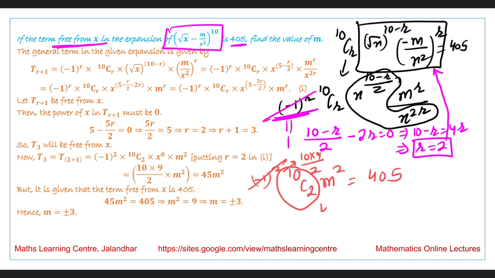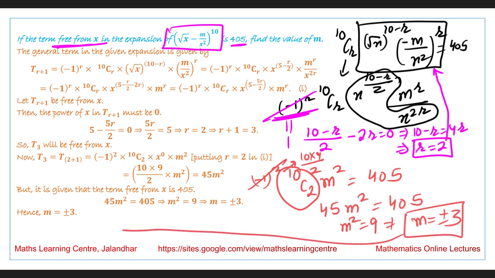So we are getting 45 m square, that is equal to 405. We are getting the value of m square is 9. So this implies that the value of m we can have is plus or minus 3. So these are the possible values of m that we can have in this case, when the value of the term free from x is 405.